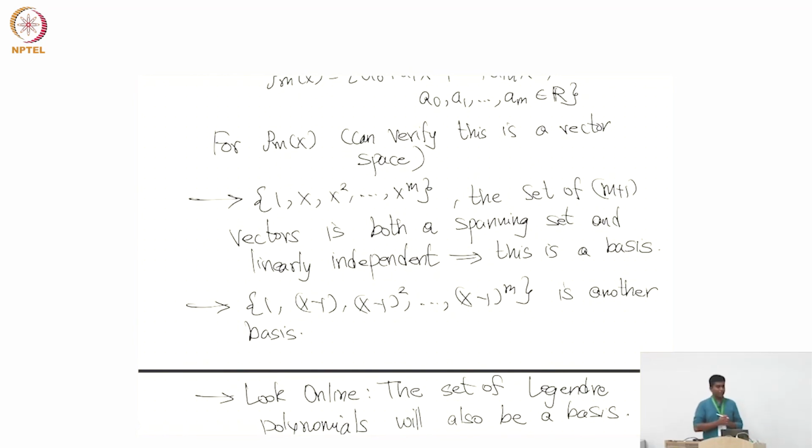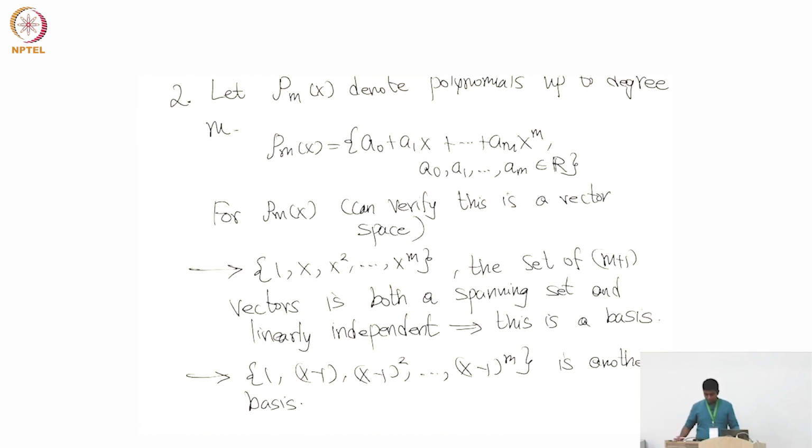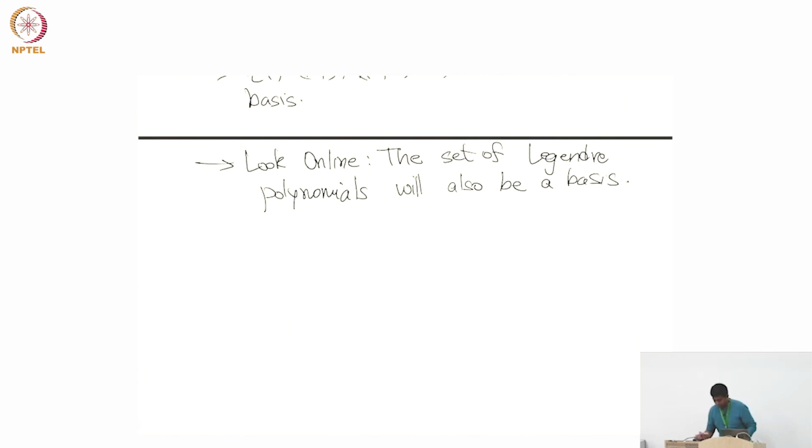Okay. So at this point, usually I would ask in a course setting, will the space of polynomials of degree m be a vector space? Here I've written up to m, but will the space of polynomials of degree m be a vector space or a vector subspace of the space of polynomials? So that's a question for you.